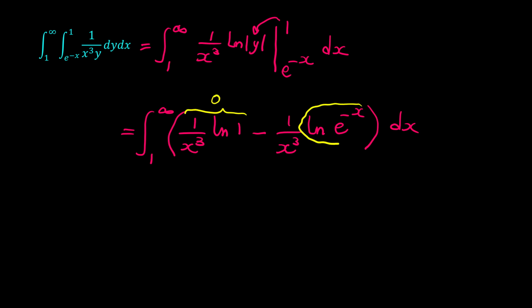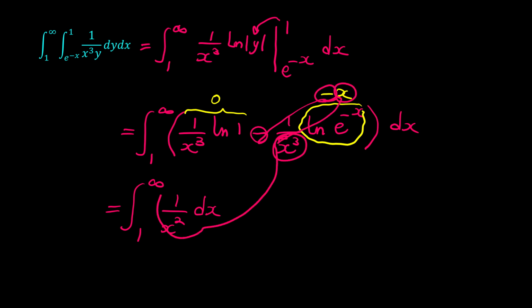And because this is negative x times negative 1 over x to the 3, it is 1 over x to the 2. So we have integral from 1 to infinity 1 over x to the 2 dx. This negative with this negative cancels. x over x to the 3 is 1 over x to the 2.